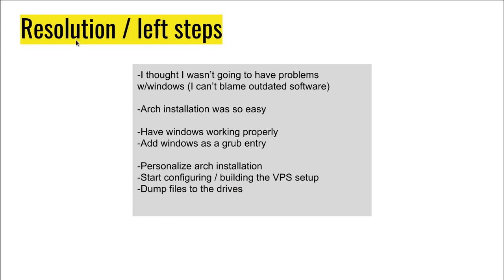Okay, one conclusion was that I thought I wasn't going to have problems with Windows, as I mentioned earlier, but as I wrote here, I can't blame outdated software. So if the problem is that I don't have the latest Windows update, I can't blame that. It's expected.